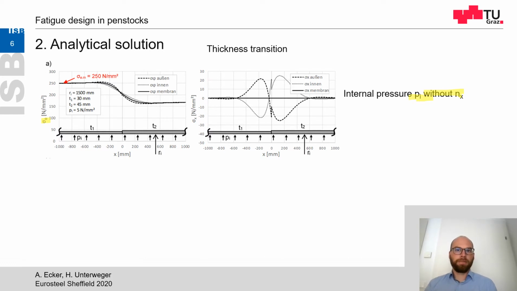As you can see, the stresses in circumferential direction at the thickness transition are lower than the membrane stress in the thinner shell. This is a positive effect in case of an internal pressure. The stresses in longitudinal direction, sigma x, are quite small and are not relevant for fatigue design.